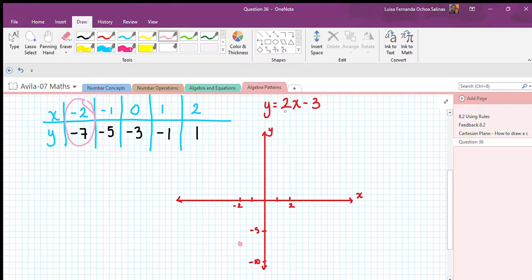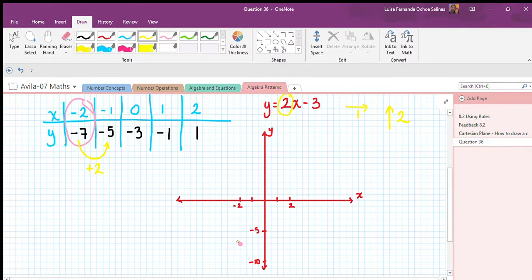Okay, good. So we can look in our table, what is the difference between -7 and -5? It is going to be +2. And this plus 2 relates to this 2 here that we have here. And what is this 2 telling us? That we have to move 1 to the side. Why 1? Because these numbers are consecutive. Yes, they are consecutive. And then we have to go up by 2.